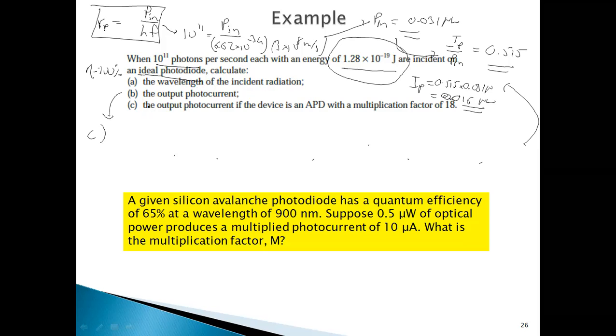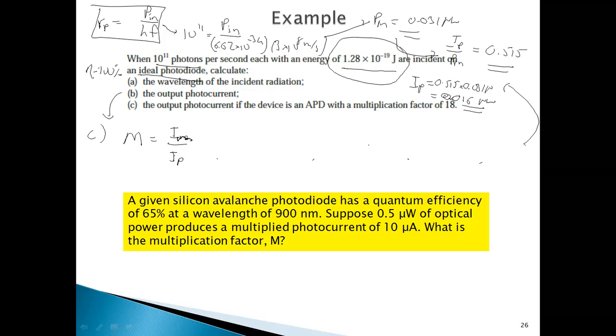Now, if your diode is an APD with multiplication factor of 18, the multiplication factor M shall be equal to IM, the current when the impact process happens, divided by the current produced by a normal photo generation process.